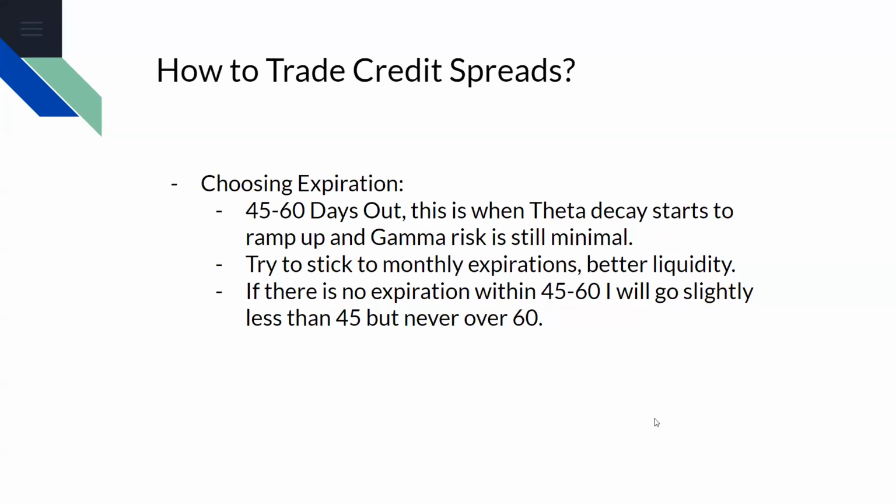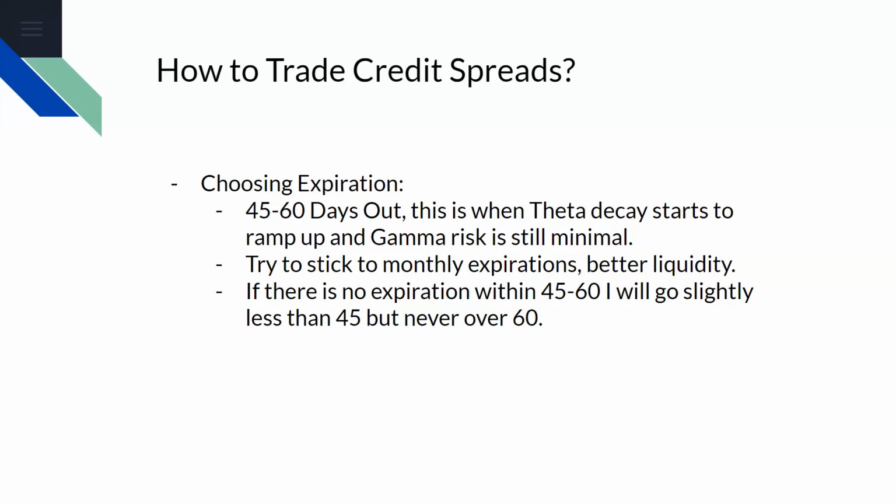So now that we've verified that this stock is even tradable for this strategy, the next thing that we have to do is determine, okay, what expiration are we going to trade? Well, studies done, Tastyworks has a lot of research into this.